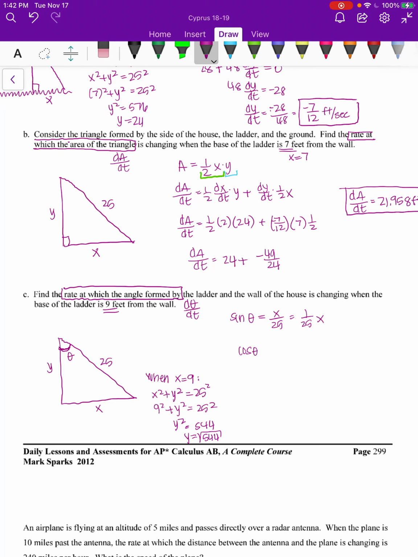Differentiate both sides here. The derivative of sine theta is cosine theta, and then times d theta dt. Don't forget that part because theta is our new variable. The derivative of 1/25 x is just 1 over 25 times dx dt.